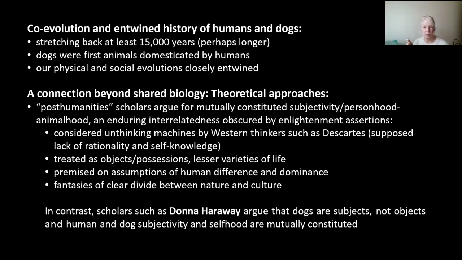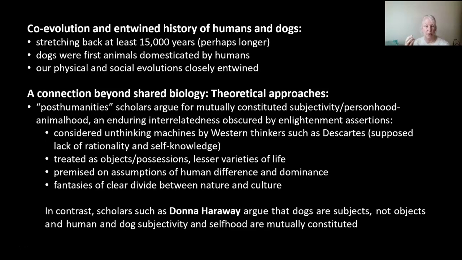So Haraway, one of these critical humanities scholars, has suggested that, in fact, dogs are not objects of humans, but are subjects in their own right, and that both subjectivity, the way that we understand ourselves in the world, and our personhood, what it means to be a human being, are dependent on or completely entwined with animalhood and what it means to be a dog.